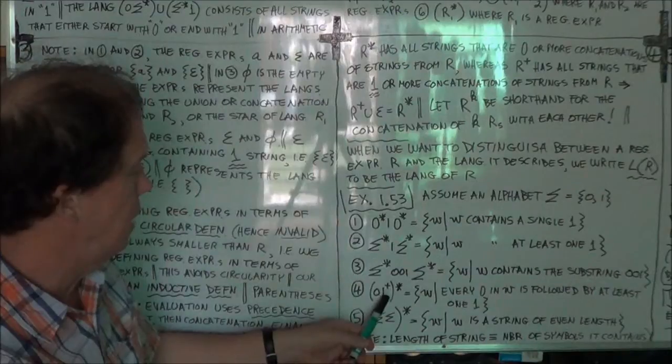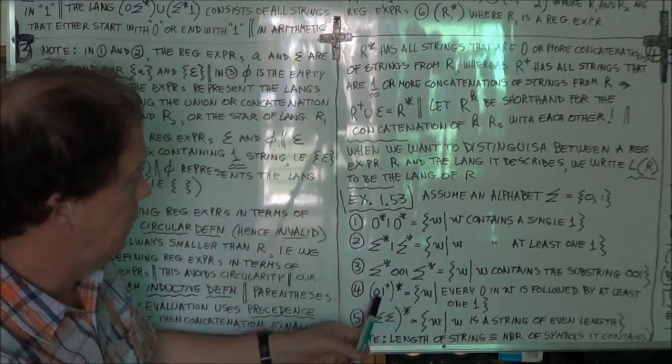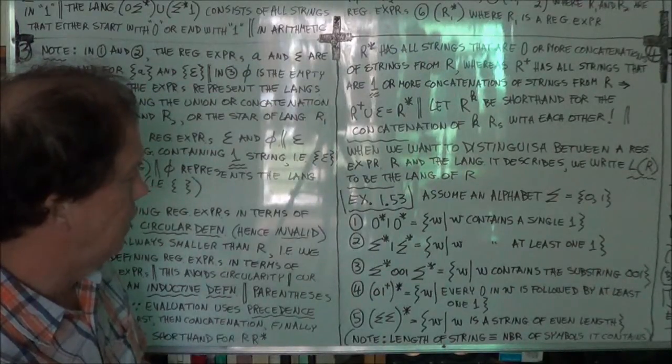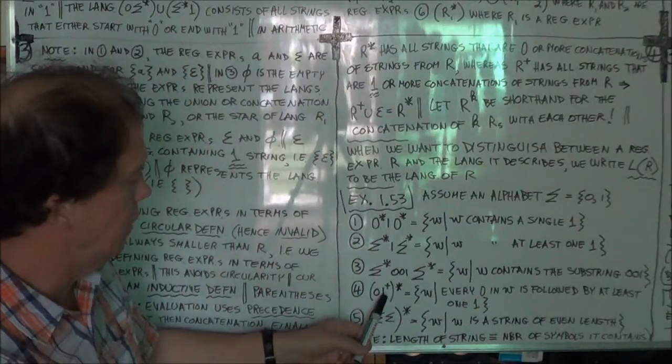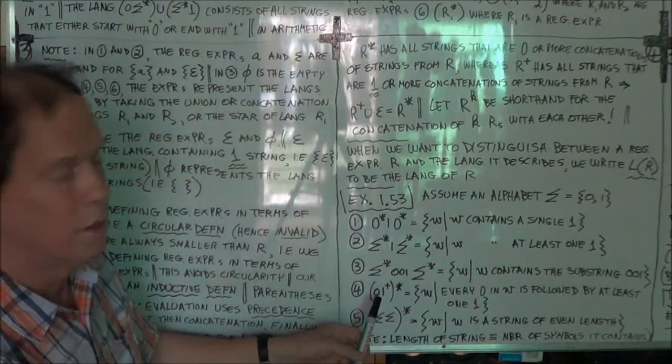So here, if you have a 0 here, you must have a 1 after it. Can you see that? You can't have a 0 after this first 0. You cannot have a second 0. Why not?